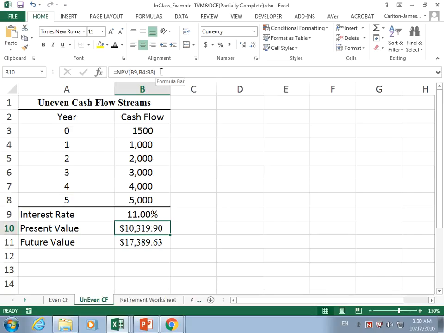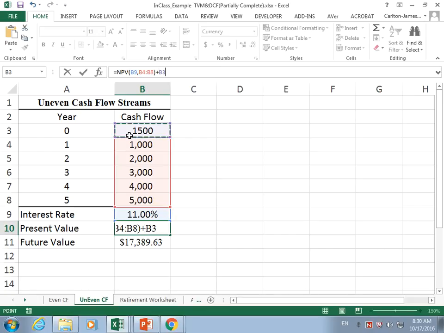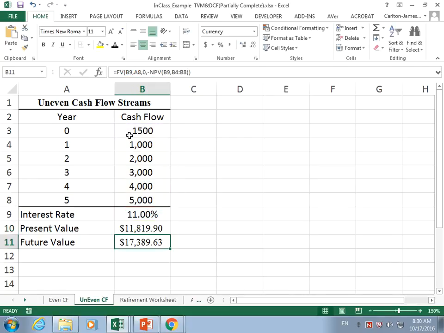So what you would do is simply add that to it. If you don't, it'll end up assuming that this 1,500 is happening here and will discount everything back 1 extra year, and you don't want that. So that's what you would put in. So if you're dealing with uneven cash flows, okay.